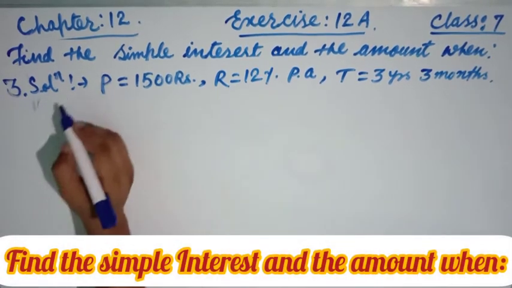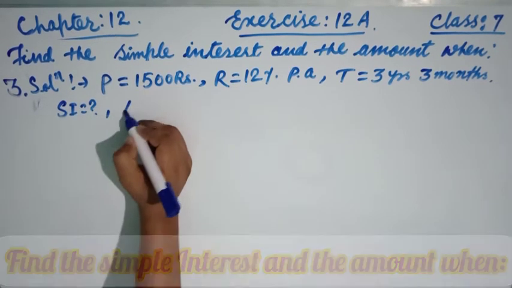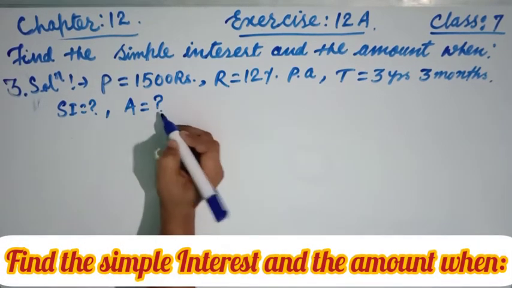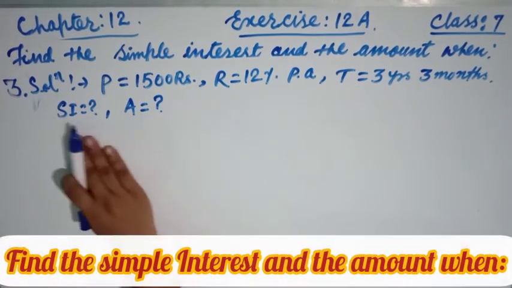Okay, now we have to find the simple interest SI and the amount A.